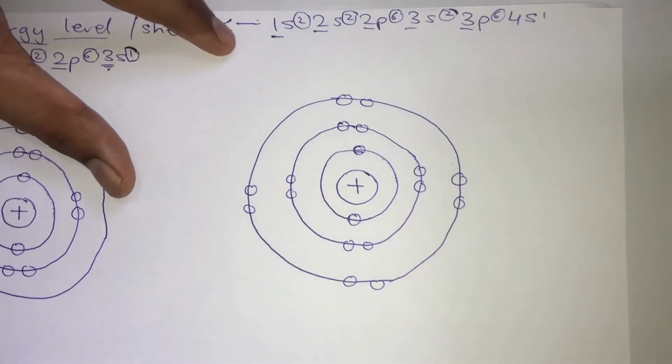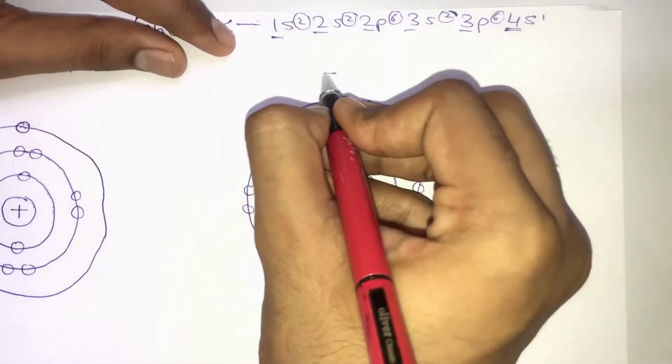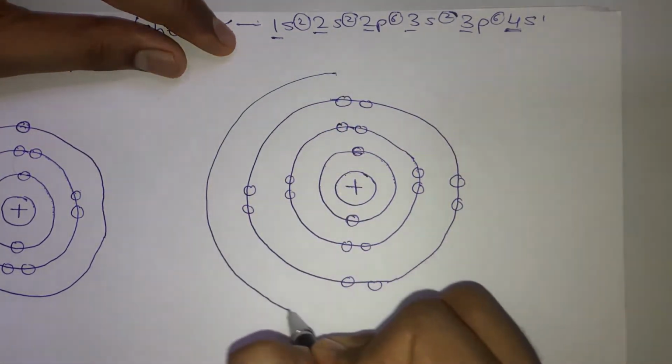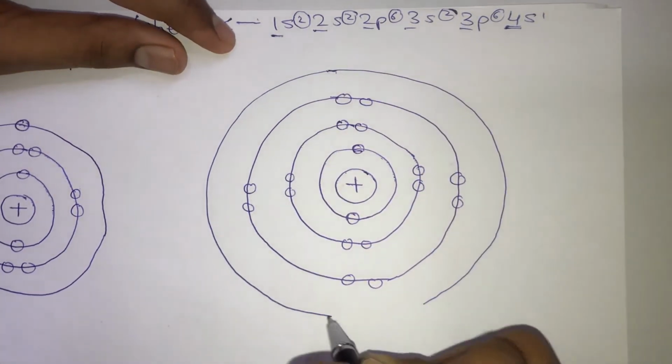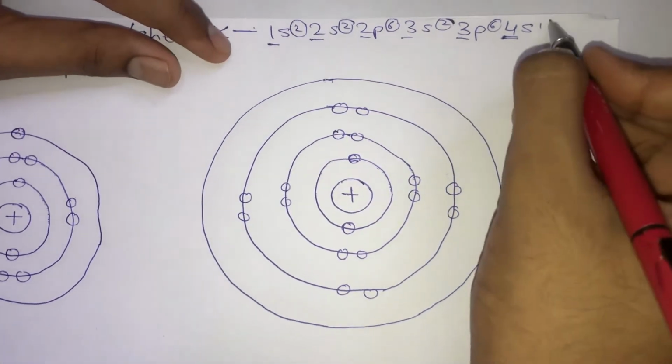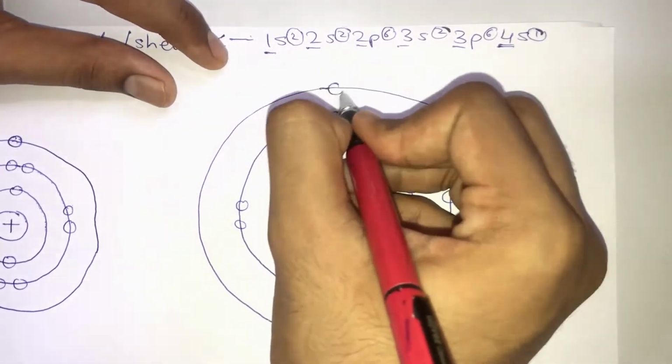Here there is one more energy level, the fourth energy level, and inside it there is one electron.